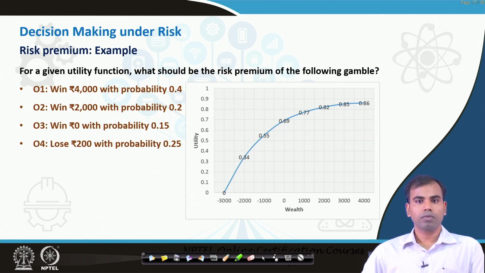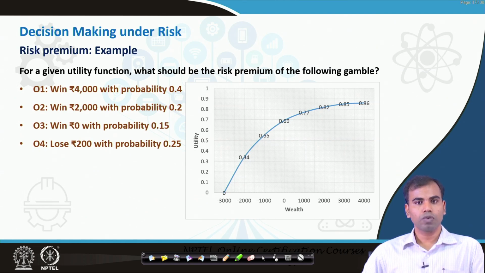We will calculate the utility associated with these 4 payoffs, and we will come up with the expected value as shown in the previous graph. We will also try to understand the value of the certainty equivalent, and then we will come up with the amount as the difference between the certainty equivalent and the expected value, which could be considered as the risk premium.